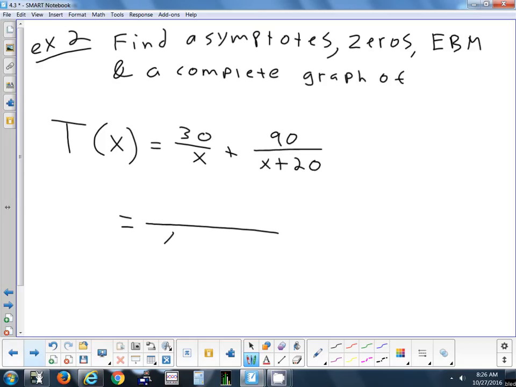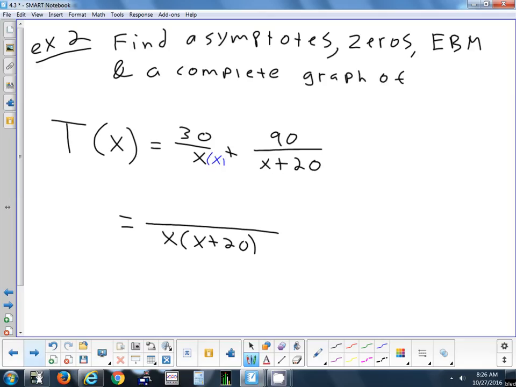Yeah, x times x plus 20. Let's leave it factored, because that's going to help us find the zeros a little easier. So now I look at each fraction and see what it's missing.